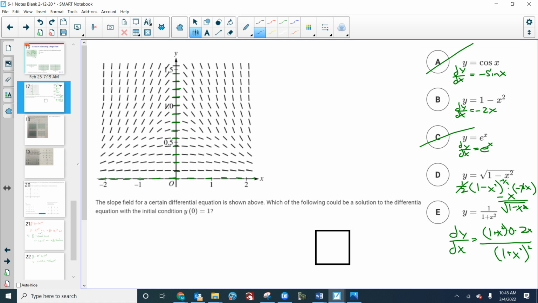When x is 1, when x is 2, when x is 3, 1 minus 4, 1 minus 9. Wouldn't have a derivative there, would it? Wouldn't have a slope there. What about the bottom one? Negative 2x over that squared. When x is positive, the slopes are negative. When x is negative, the dy dx's are positive.